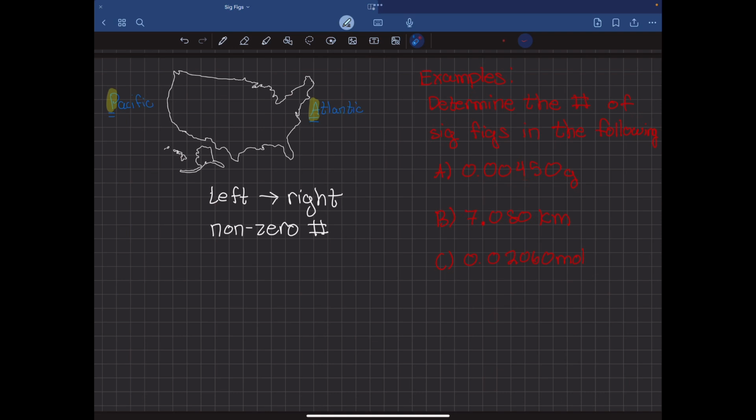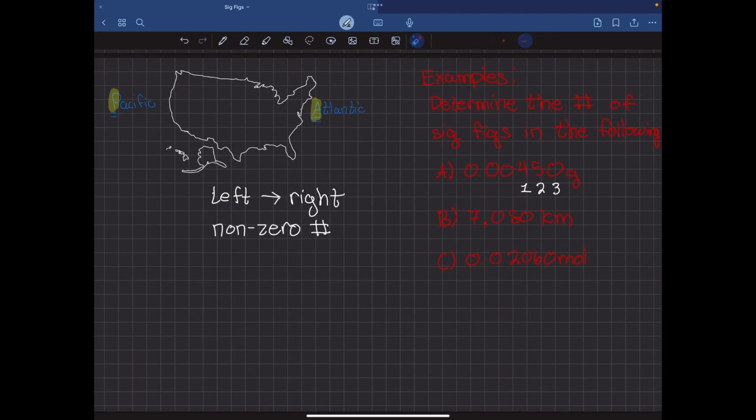That satisfies this rule of being a non-zero digit, and we have been reading from left to right. So now we start counting here. That's 1 sig fig. Now we continue counting to the right. 5, another sig fig. And in this case, this 0 does count as a sig fig.